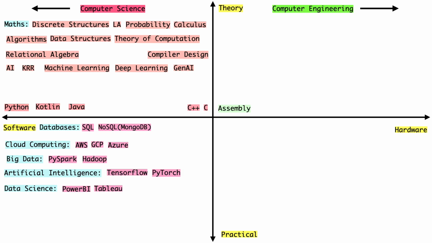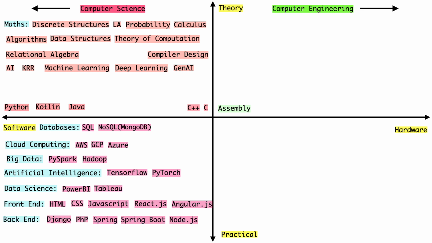NumPy, Pandas, sklearn, etc. Traditional software development, like web development, includes both front end and back end. Those are also more practical oriented, and can be developed using front end technologies like HTML, CSS, and JavaScript, and the more recent JavaScript frameworks like React.js and AngularJS.